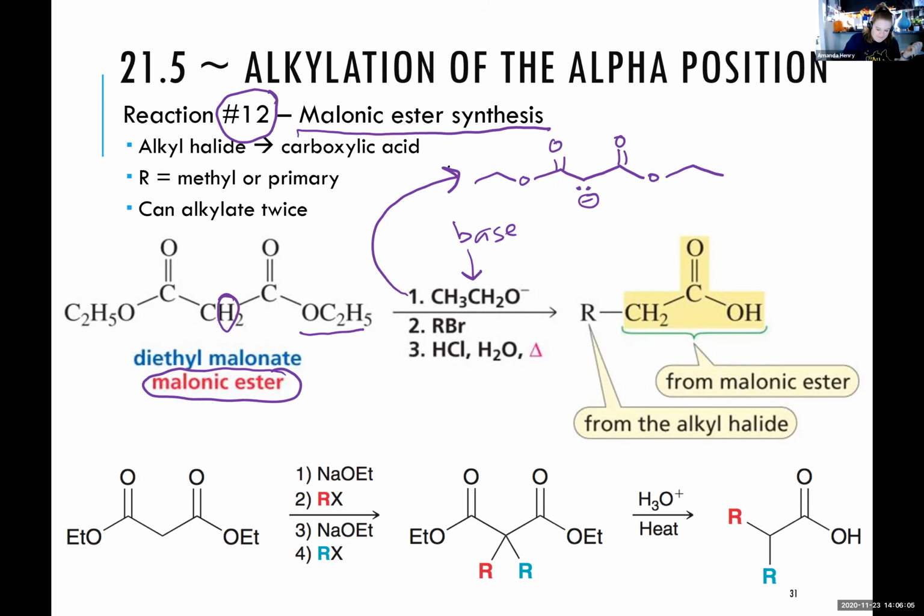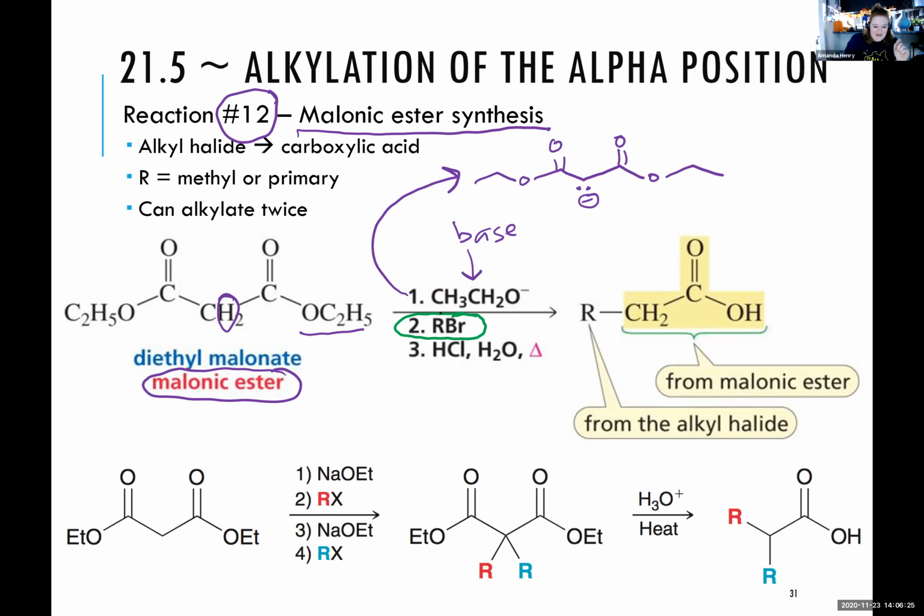Step number 2, in terms of synthesis, is our most important one because it's the only thing we have control over. So we have to use malonic ester. We have to use ethoxide. The last step has to be acid, water, and heat. Here's the only thing that we get to decide. We're going to react it with an alkyl halide.